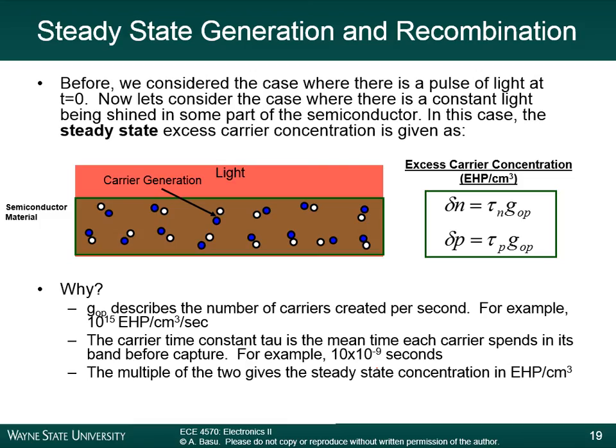If we look at this equation, if we want to make Δn higher, we can increase the intensity of the light, so increase GOP. Or if we're in a material where the carrier lifetime is longer, so the carriers live longer before they recombine, that will also increase the steady state electron concentration. So this equation is simple, and the intuition behind it should be very clear to you.